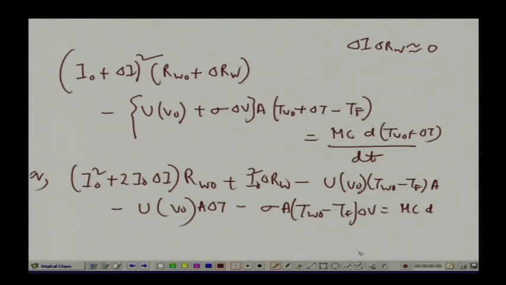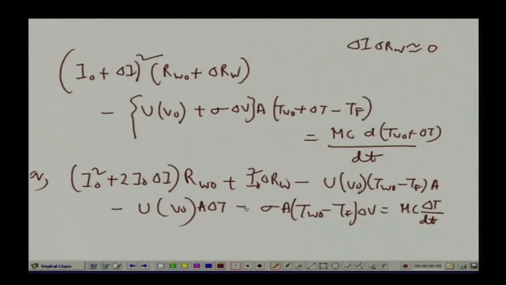Now, from this expression, I subtract equation number 1.